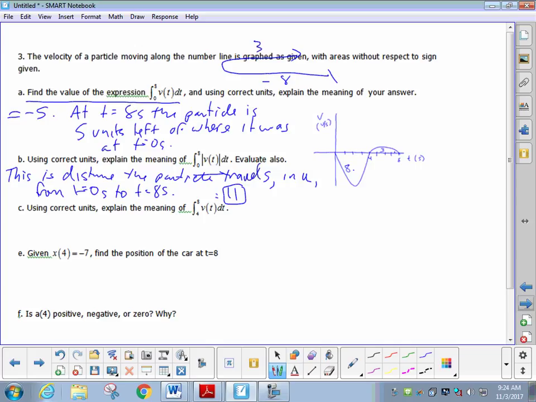Okay. What about the meaning of 4 to 8? It seems redundant at this point. Am I adding anything new? How is 4 to 8 different? It's distance and displacement. Okay. So velocity is greater than 0 on 4 to 8. So this is both the distance and the displacement.